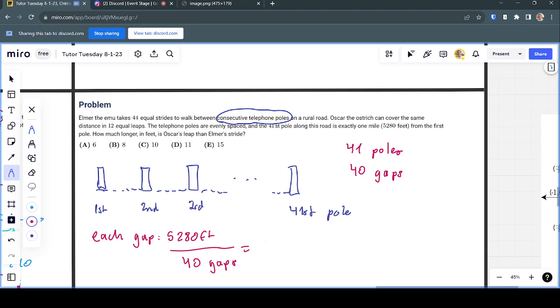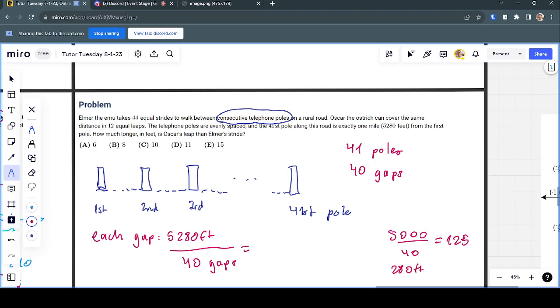If you divide that out, you could probably do this in your head with 5,000 divided by 40 is equal to 200, and then 280 divided by 40 is going to be 50. Hold on, that's not right. 5,000 divided by 40 is going to be 125.